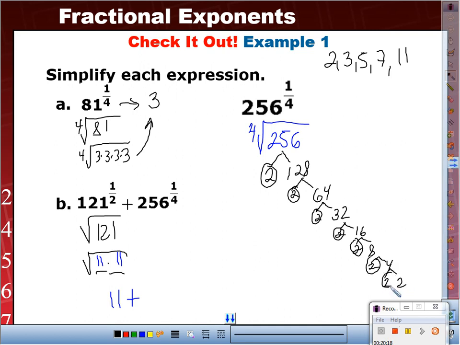And 2 times 2. Are we there so far? Okay. Now check this out. So therefore, I have 4th root of, how many 2's do we see? 1, 2, 3, 4, 5, 6, 7, 8. 2 times 2 times 2 times 2 times 2 times 2 times 2 times 2.